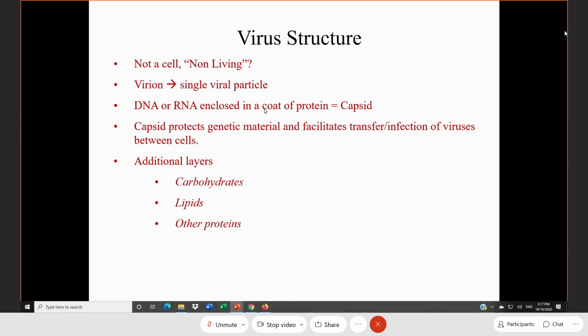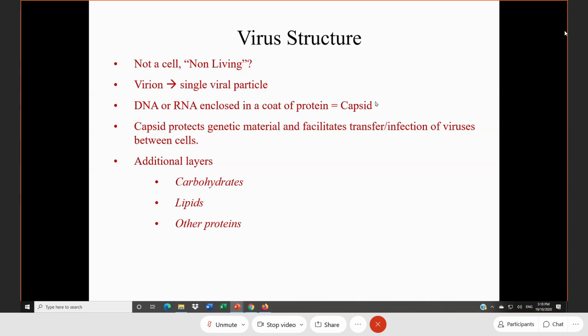The shape of the virus, you can imagine just like a durian. Inside the durian you have the DNA or RNA. Outside you have protein, which we call the capsid.